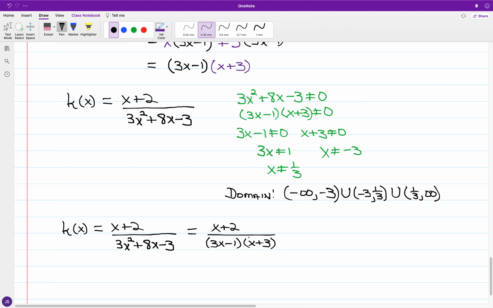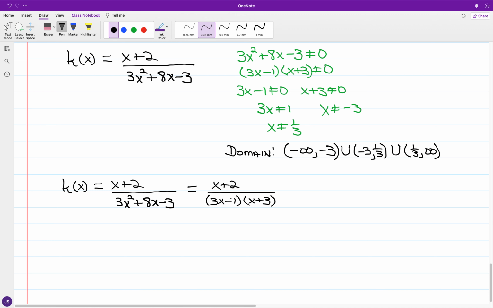And notice that there is no cancellation since there is no 3x minus 1 or x plus 3 in the numerator. So this signals that both 3x minus 1 and x plus 3 remain.